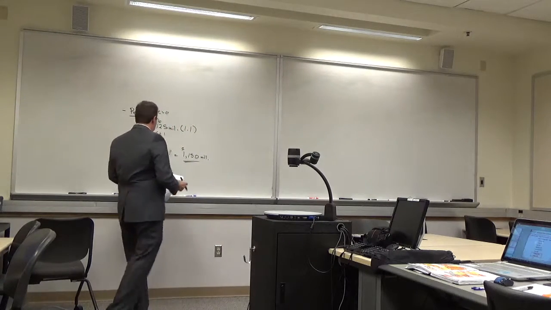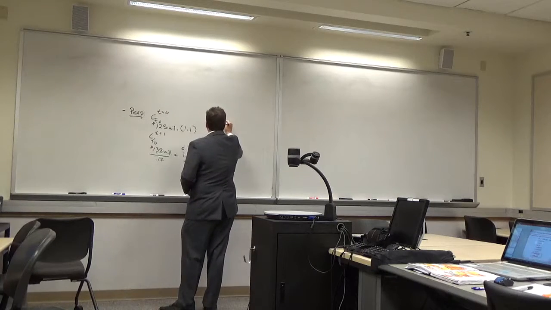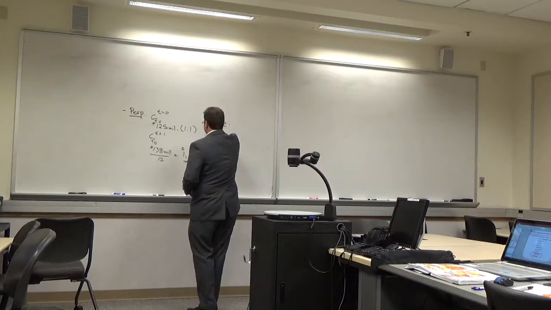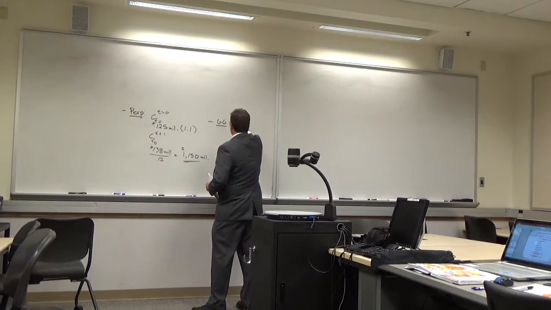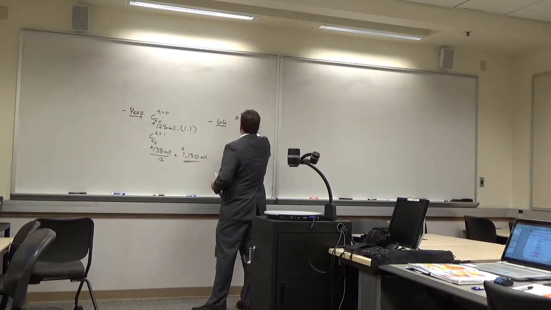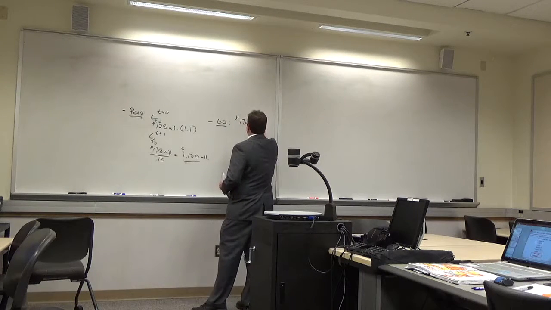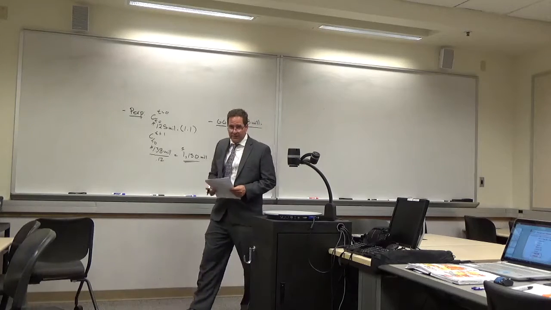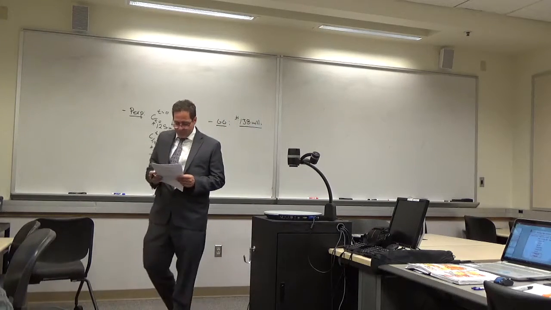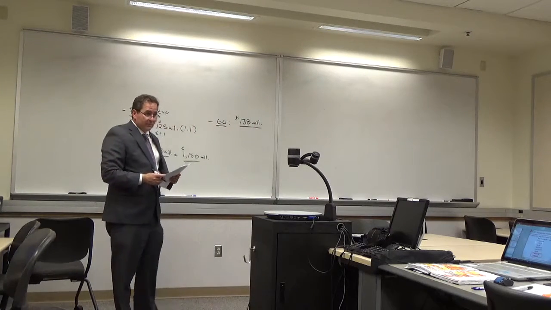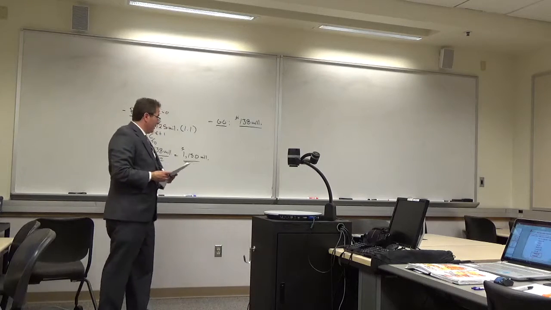So how do we do Gordon Growth? I already got the 138 million, so I already know the cash flow for next year. Now what do I do? Just walk me through the equation.